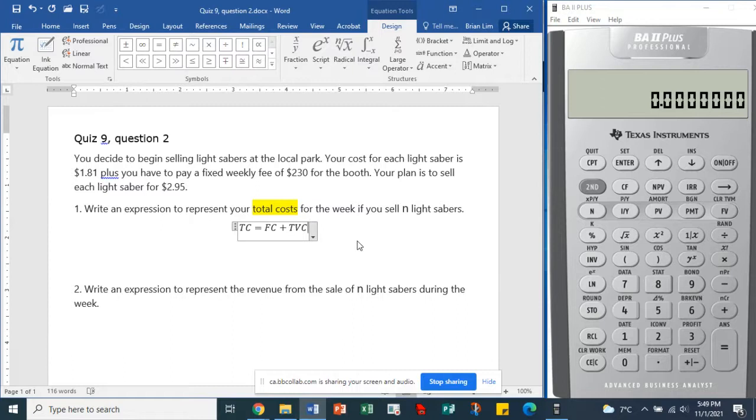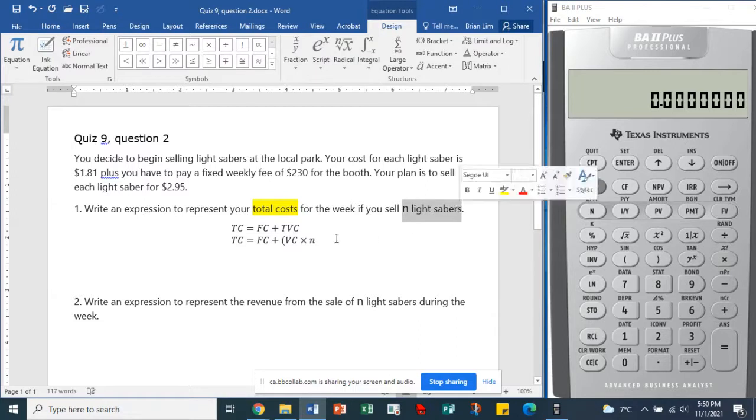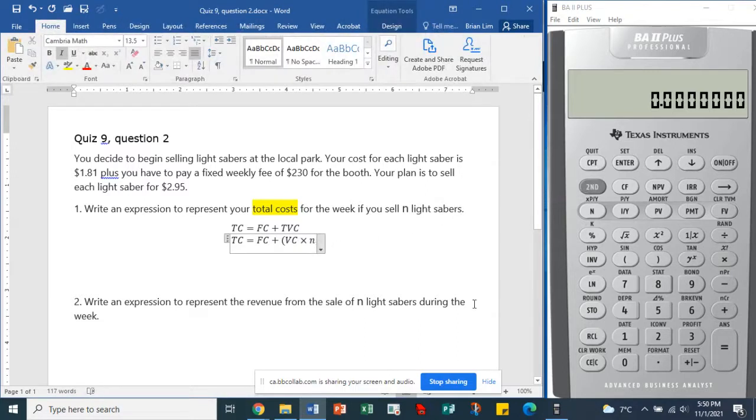Or we can break that down even simpler: total cost is equal to the fixed cost plus the variable cost times n, because we're using n for the number of lightsabers.